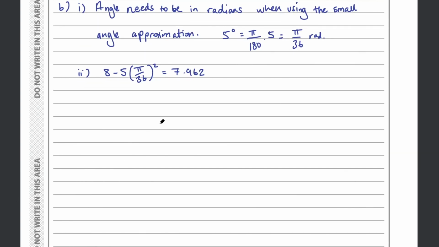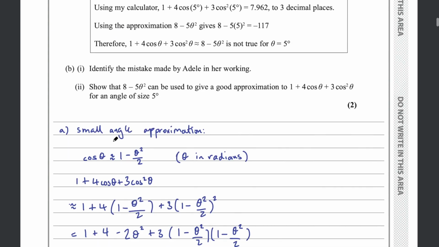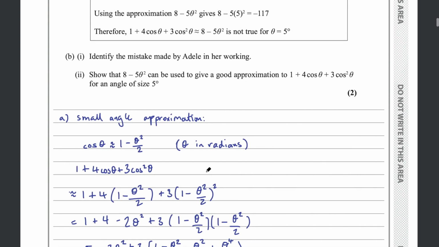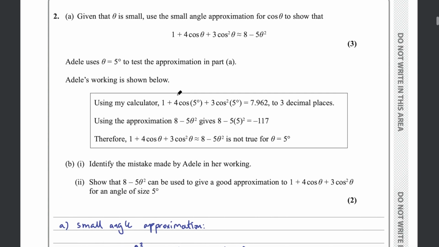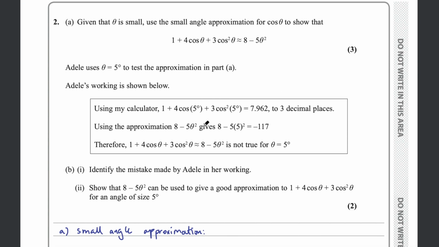So we can say which is the same to 3 decimal places of accuracy as 1 plus 4 cosine theta plus 3 cosine squared theta for 5 degrees. So the question says show that it's a good approximation, and we've done that. So that's 2 marks for part B, 3 marks for part A, and 5 marks in total for question 2.